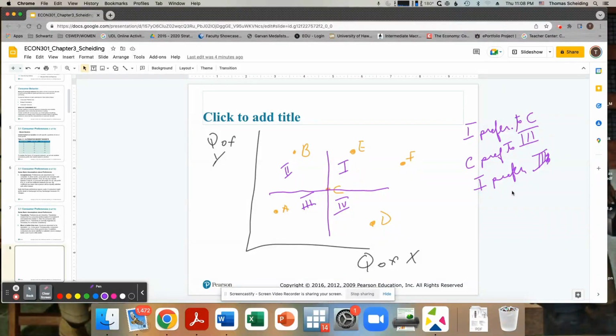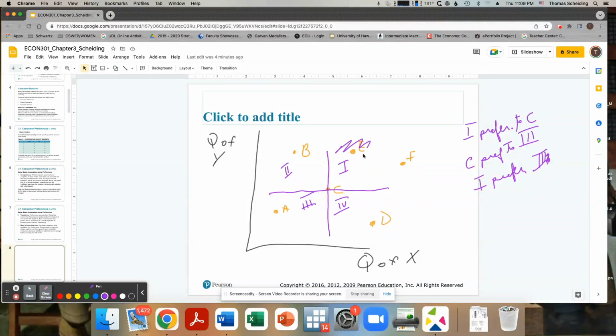But we know from completeness that there has to be some relationships between quadrant 2 and quadrant 4 as it relates to bundle C. That's where we need the additional information.